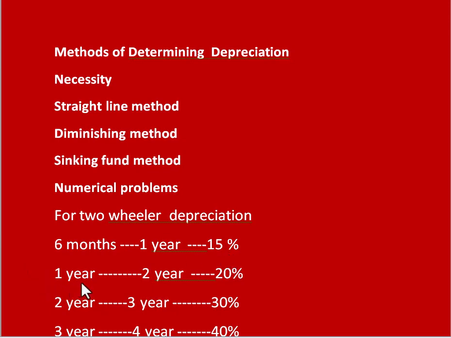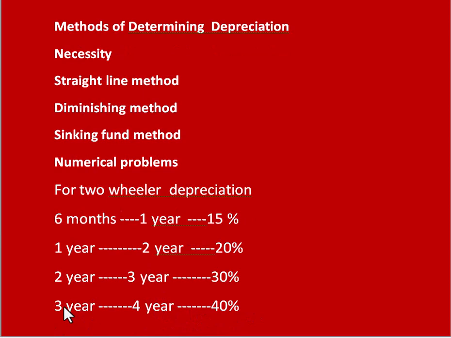If the age of the motorcycle is between 1 year and 2 years, then the depreciation applied on the initial value is 20%. Similarly, if the age is between 2 years and 3 years, the depreciation applied will be 30%. If the age is between 3 years and 4 years, the depreciation applied will be 40%.